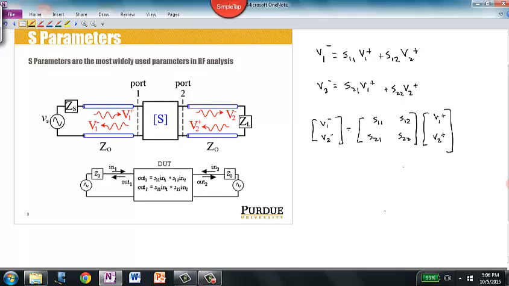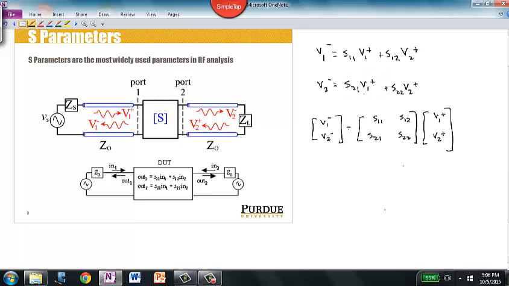So if we apply that to each of the ports, we get the following definitions for all of the parameters. We have the S11 parameter is equal to V1 minus over V1 plus under the test condition that V2 plus is equal to 0. And for this reason, this is often called the input reflection coefficient.